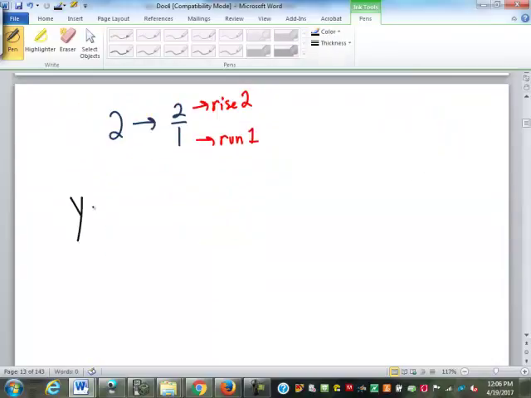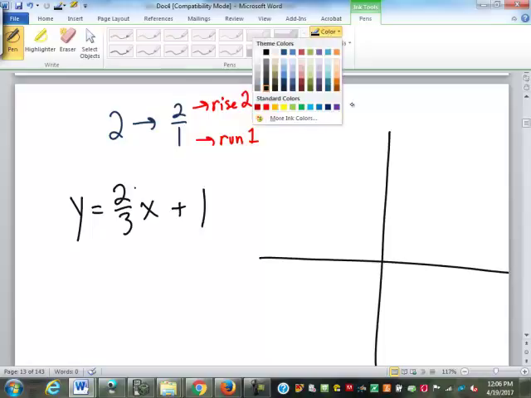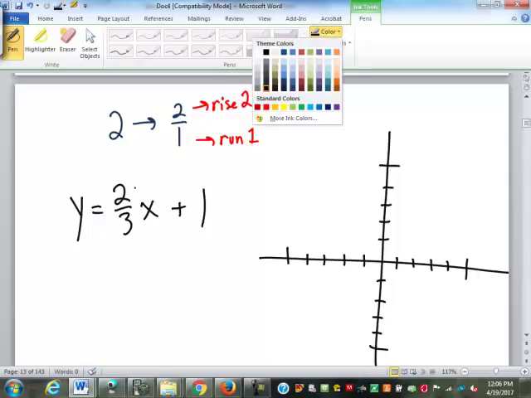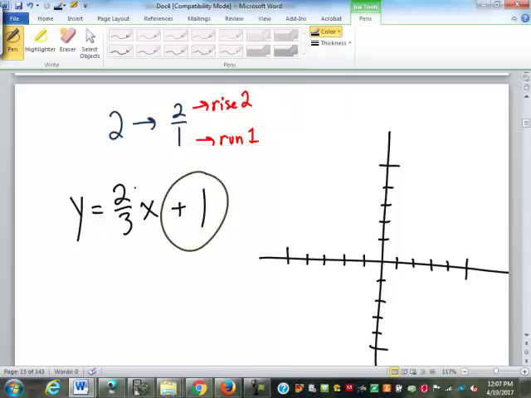So let's say I have y equals 2/3 x plus 1. What that is telling me to do is I am starting at positive 1 here. So I go up here to positive 1. That's my starting point.